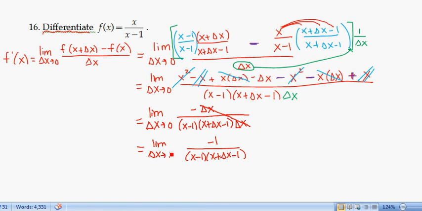I actually apply the limit, let delta x go to 0, and I'm left with, and notice now that I've applied the limit, I don't write it anymore, negative 1 over x minus 1 times x minus 1, or I could write that as x minus 1 quantity squared. So f prime of x, or the derivative of f of x, is negative 1 over x minus 1 squared.